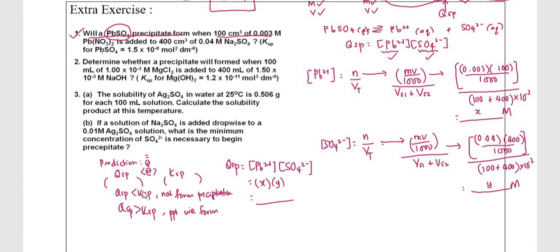So depending on your value here, either greater or smaller, right? And then you can conclude: will not form or will form, right?